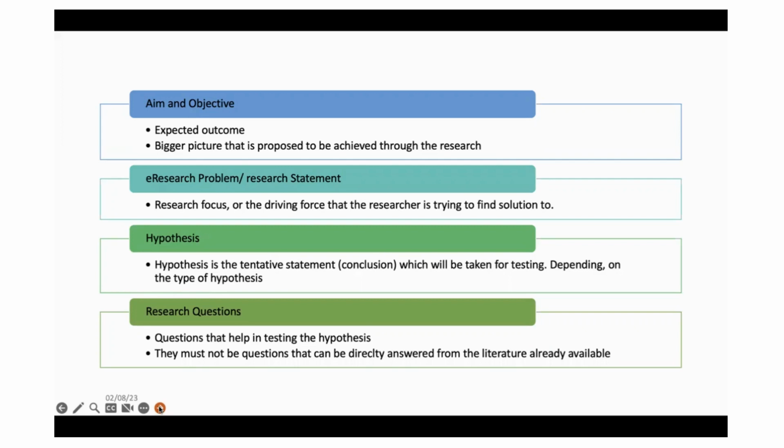And the second and the most important part of the proposal would be the research problem. This is a comprehensive statement put out in the proposal that provides a clear research focus and the problem that the scholar would be finding a solution to. The scholar would have identified the key area, which would set the direction of the research.